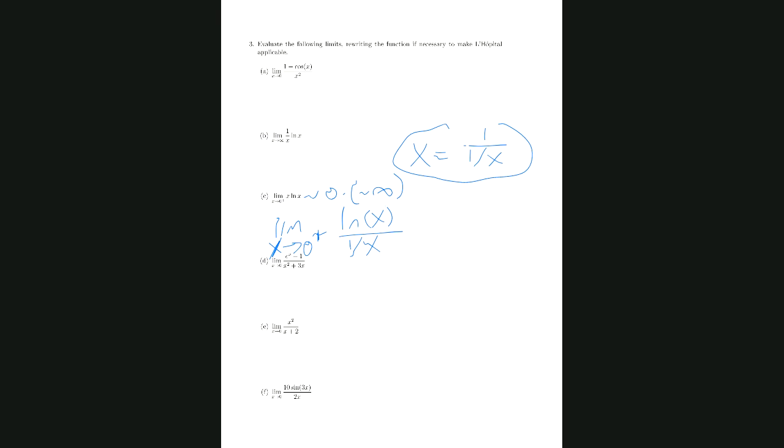Now if I'm looking at each of these terms individually, ln x and 1 over x, they both approach some kind of infinity. As I approach 0 from the right, ln of x goes to negative infinity, and the term 1 over x goes to positive infinity. So that's fine. They both go to an infinity. The fact that the signs are different doesn't really matter. This is still an indeterminate form, negative infinity over infinity, where we can use L'Hopital's rule.